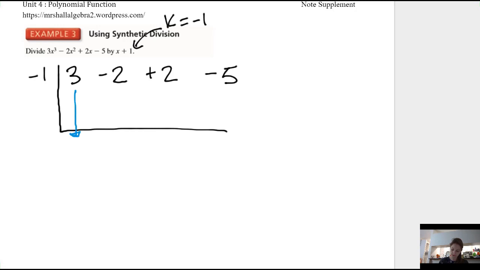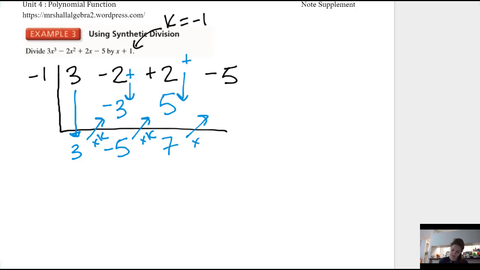Bring the first one down. This is 3. Multiply by k. 3 times -1 is -3. Add to get -5. Multiply by k to get +5. Bring down for 7. Multiply by k to get -7.